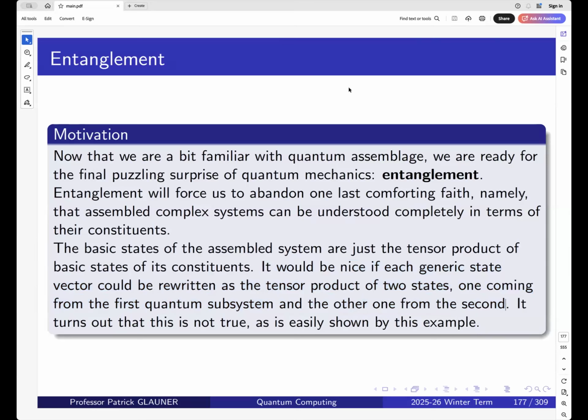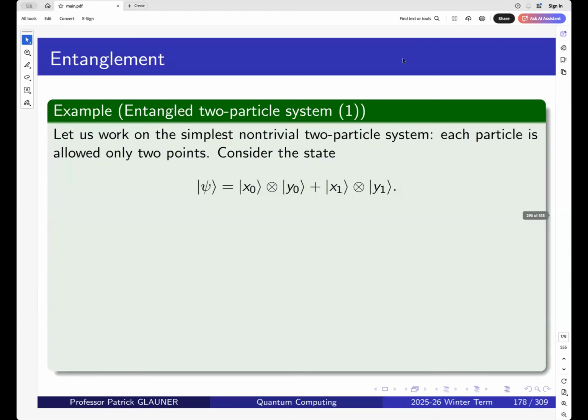And if you think that this is possible, yes, thumbs up, perfectly fine, what you would think, but it turns out that this is not true. We will be able to have states, so-called entangled states, which we cannot describe using the tensor product of the individual systems. And this is something I will also develop with you now.